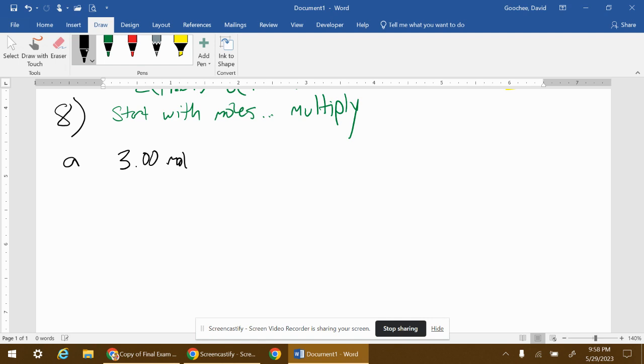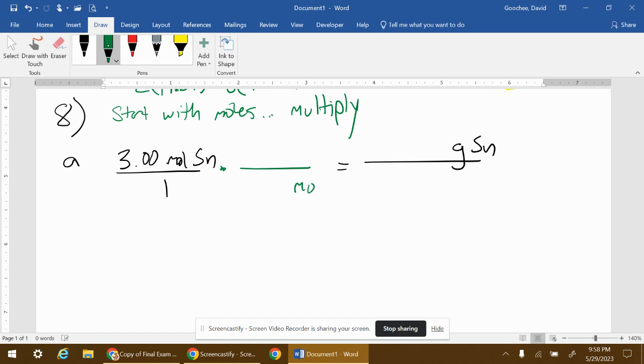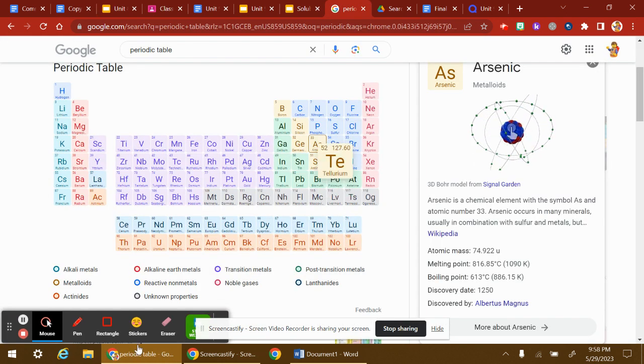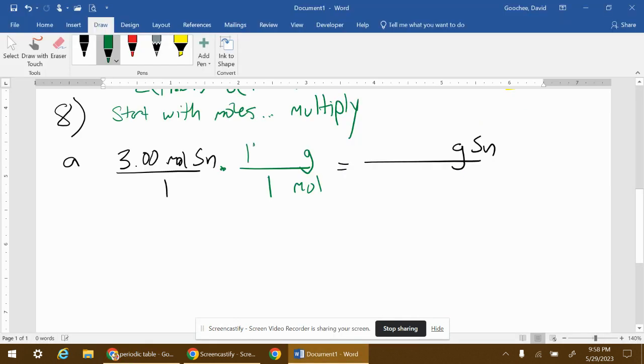All right, so 8A, we want to convert 3.00 moles of tin into grams of tin. So we want to get out of moles into grams. 1 mole of tin is how many grams? Well, let's go to the periodic table. Tin, 118.71.